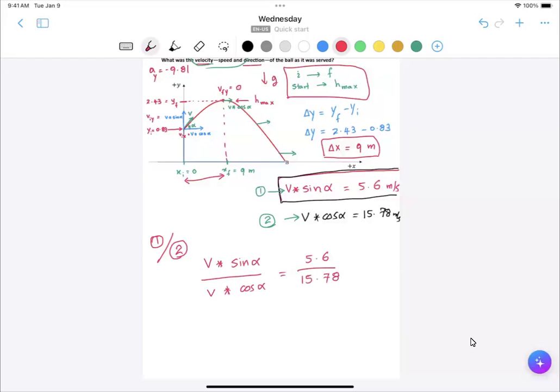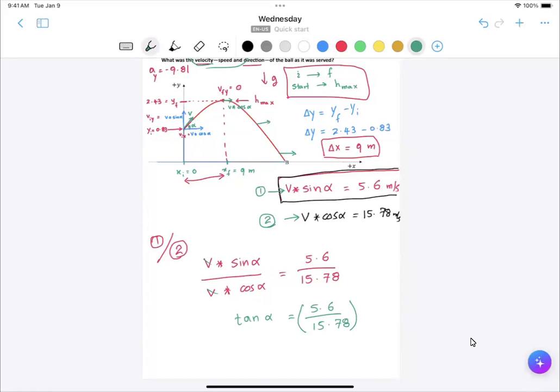Now it's just a matter of grabbing the calculators. V is going to cancel out, and sine alpha divided by cosine alpha is tangent alpha. This is 5.6 divided by 15.78. Please double check the math.